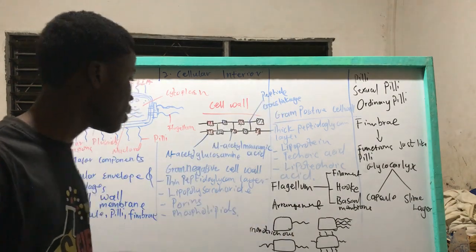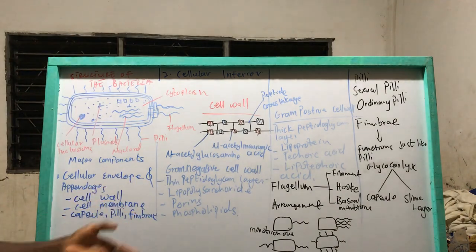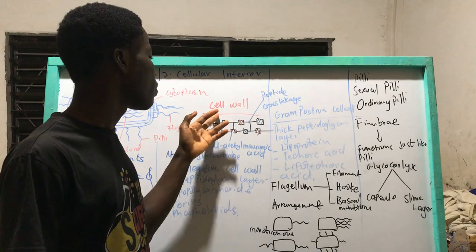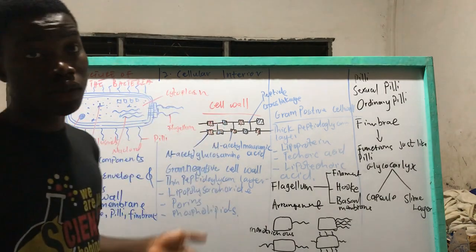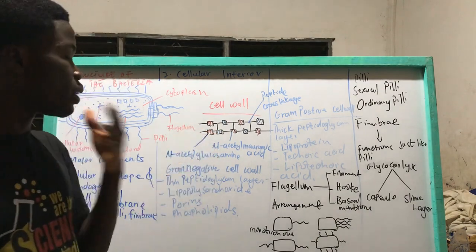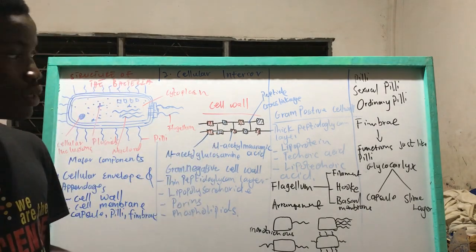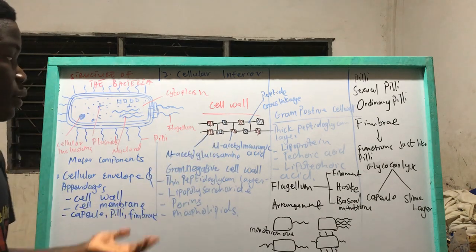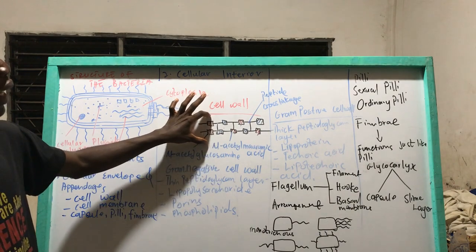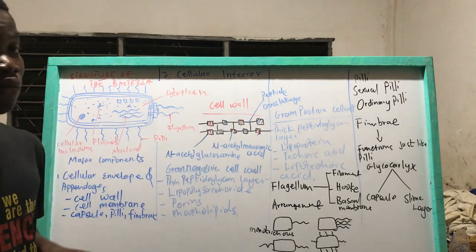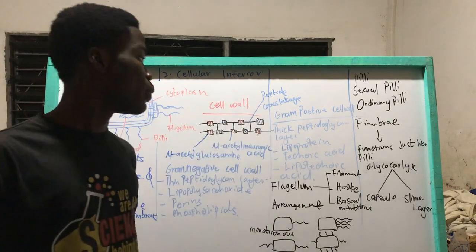Peptide linkages. This cell wall structure can distinguish the bacteria into two major divisions: the gram-negative bacteria and gram-positive bacteria. The gram-positive bacteria have a thick peptidoglycan layer, but the gram-negative bacteria have a very thin peptidoglycan layer.